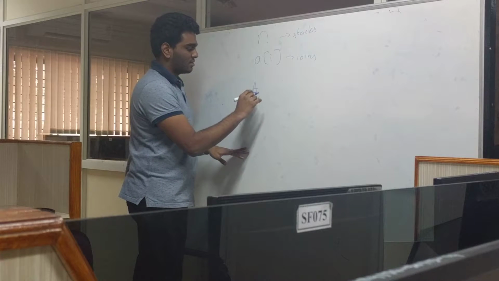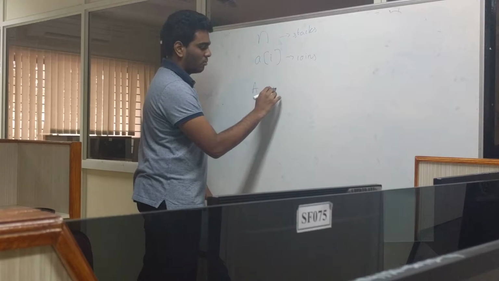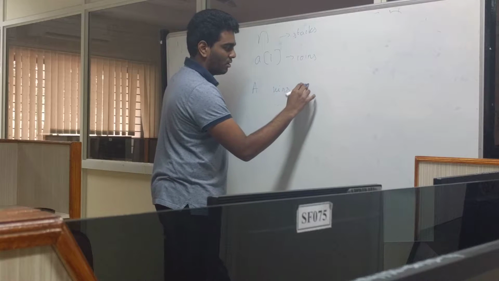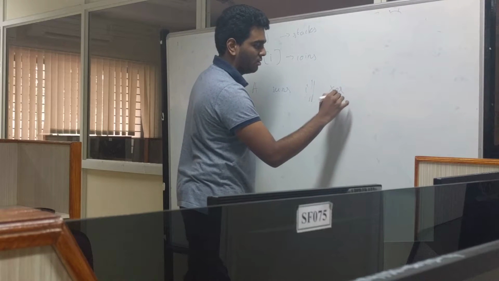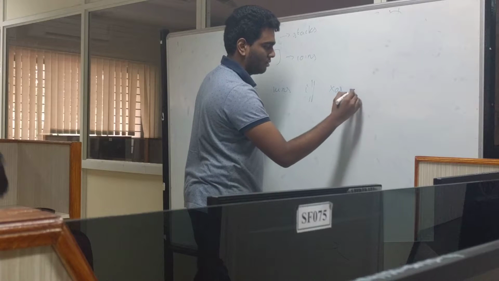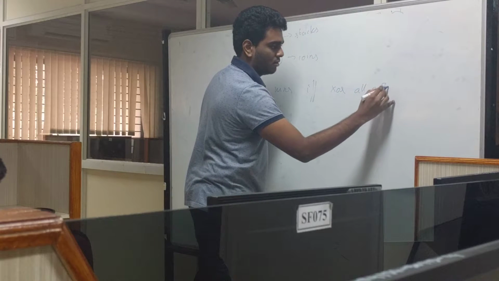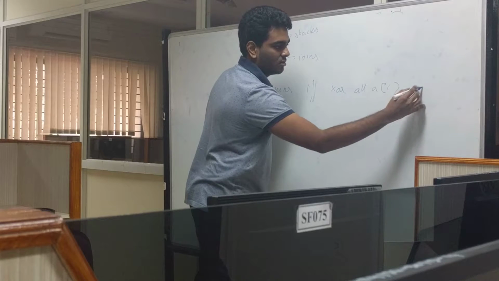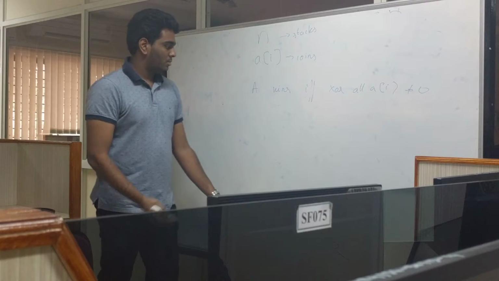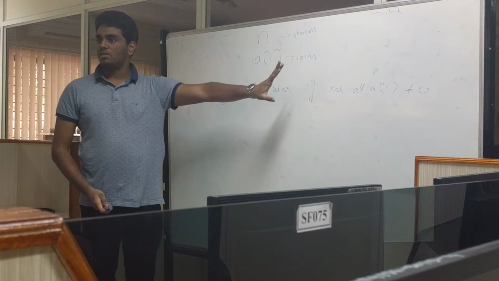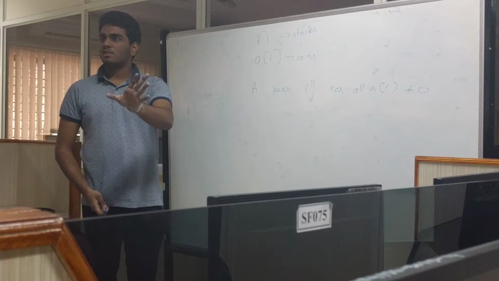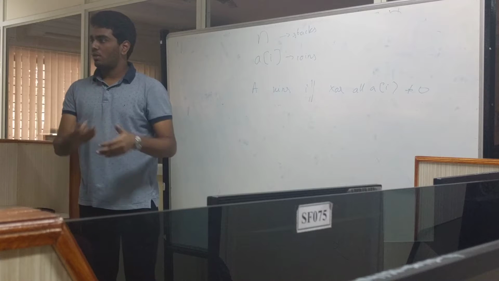If A starts, A wins if the XOR of all A of I is non-zero. B wins if the XOR is 0. Did you all understand why? Anyone want to repeat?